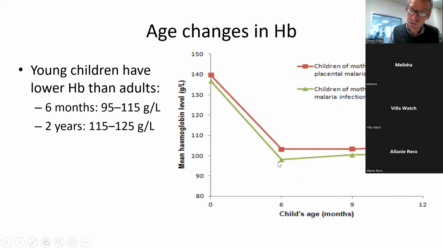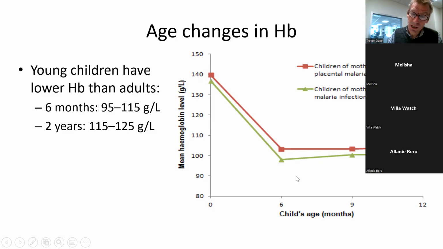Of course, it is a bit lower if the mothers have placental malaria, but the point I want you to notice is that the hemoglobin starts around about 140 grams per litre or 14 grams per decilitre. It's important to know the units.